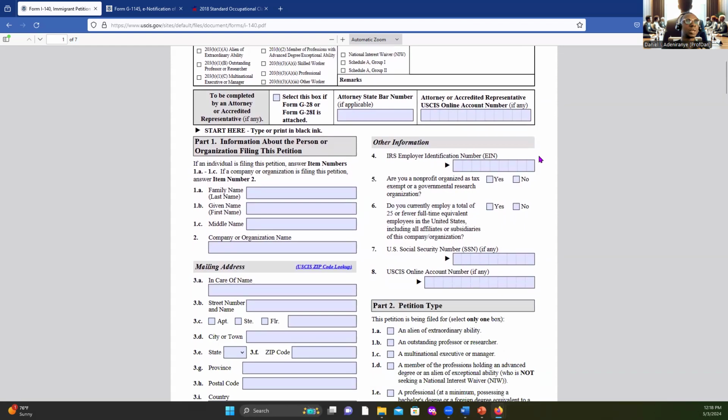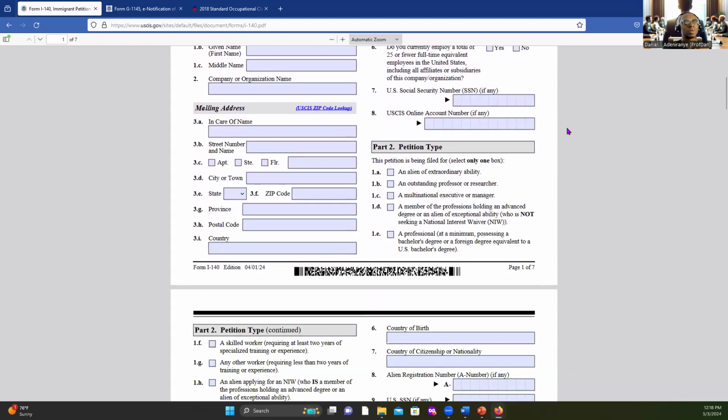And if you scroll down at the bottom of each page, from page 1 to page 7, you would see Form I-140 edition 04/01/2024. So first and foremost, ensure you are filling the right form. If you use the previous edition, your form will be rejected.